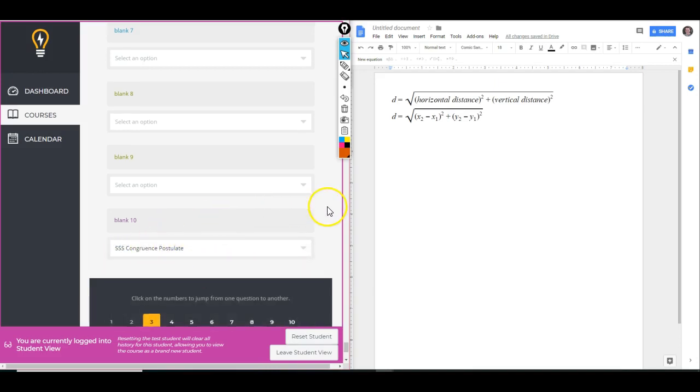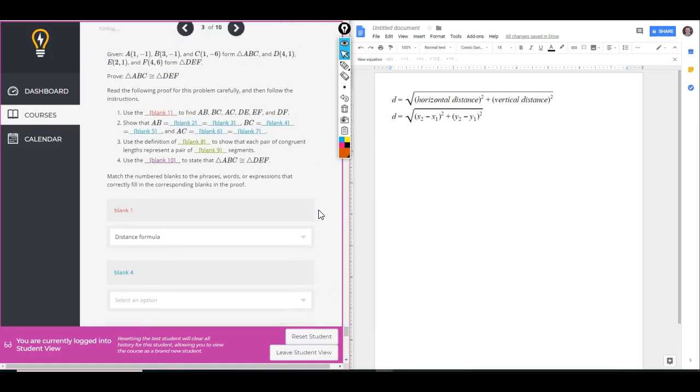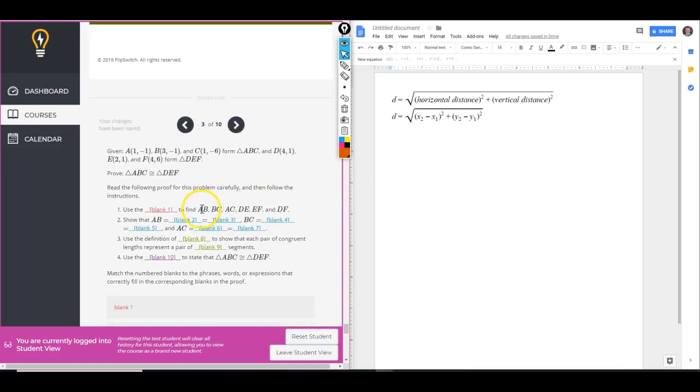That's something I picked up, noticing that they are comparing all of the side lengths for all of the triangles. So it's also talking about congruent lengths representing a pair of congruent segments.